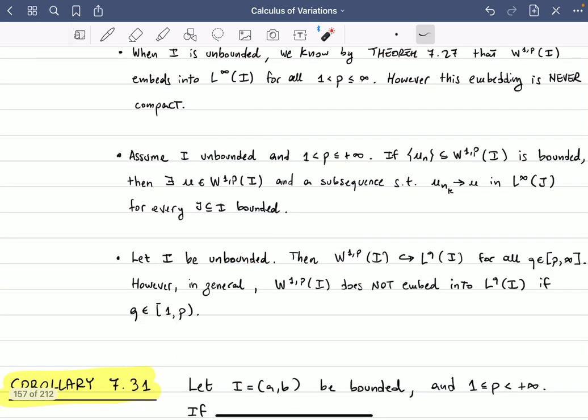Okay, so the first remark is that if we assume that I is unbounded and P is strictly larger than 1, then if you take a bounded sequence here, there exists U in W1P of I and a subsequence such that you have strong convergence in L infinity of J for every J in I bounded.